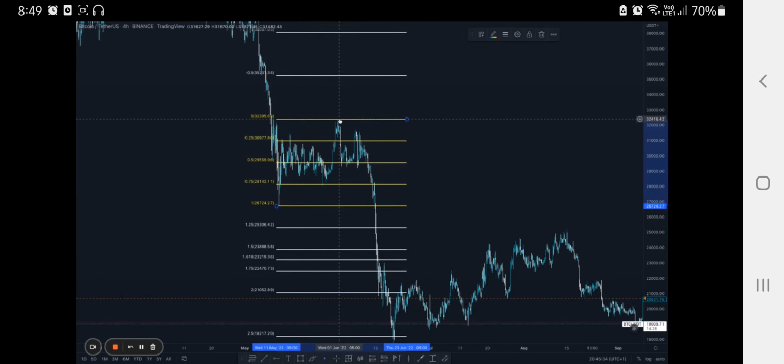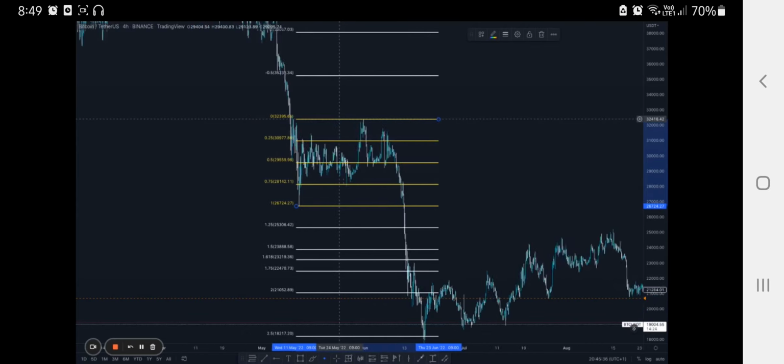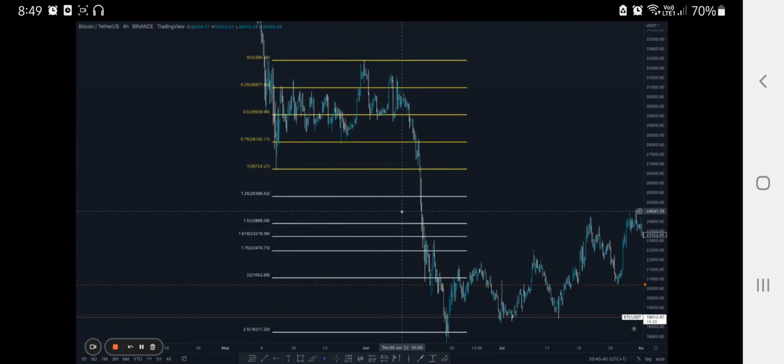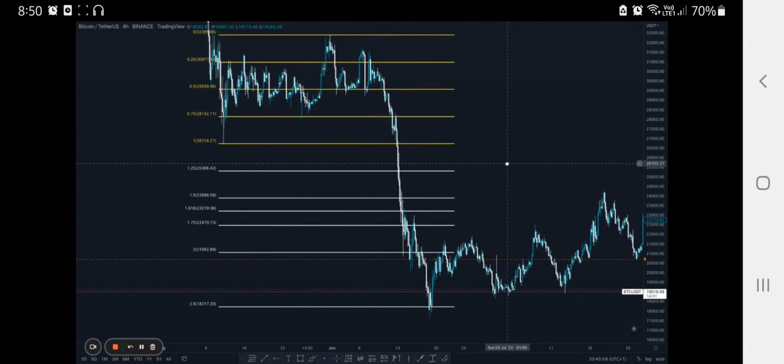So from this low to this high. In this downtrend, you can use these as targets. So you can say, all right, this was the low, this was the high. If this breaks, where are my targets? And you can say this would be 1.25, so like a quarter of a deviation. You could say a half, 1.75, 2, 1.618, which is the golden ratio.